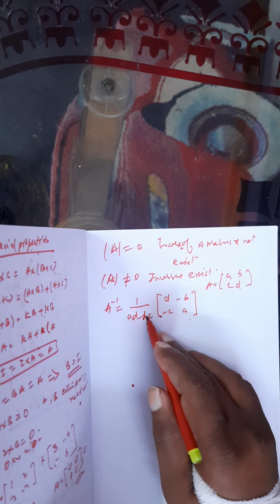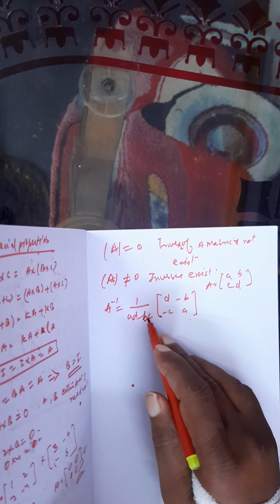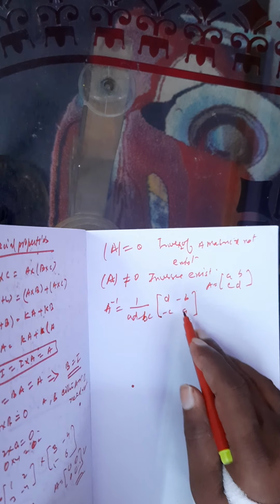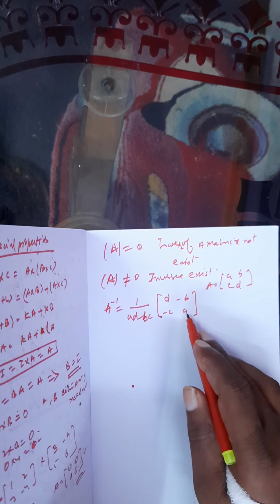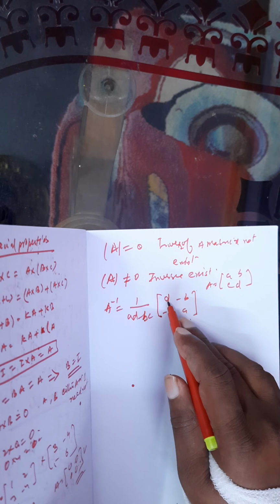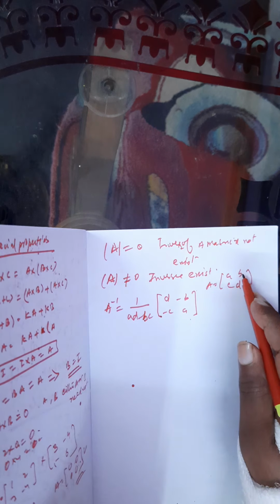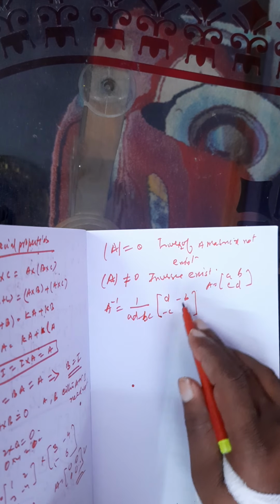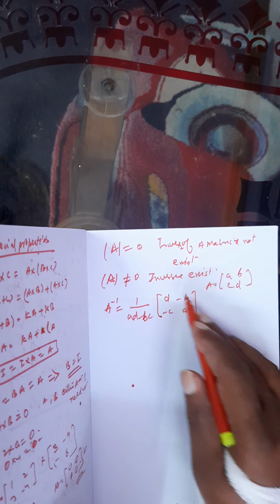First we take the determinant, 1 by ad minus bc, into the matrix with interchanged elements: a goes to the place of d, d comes to the place of a, and the b and c values stay in place with negative signs. So A inverse is this.